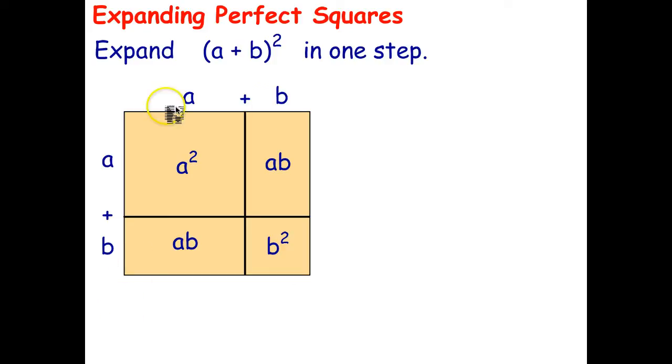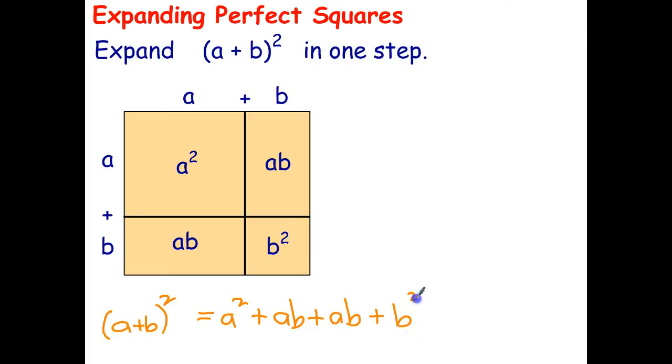So a plus b times a plus b is a plus b in brackets all squared, equals, well, a times a is a squared, plus ab, plus b times a, which we also write as ab, plus b squared.